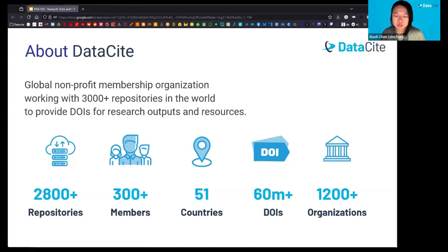Sorry about not updating the slides properly: they come from over 3,000 repositories from more than 300 members in 51 countries. And this community of member organizations has registered over 60 million DOIs to identify various different sources.